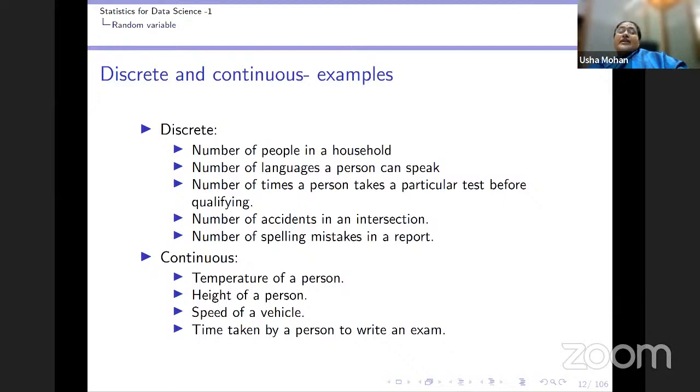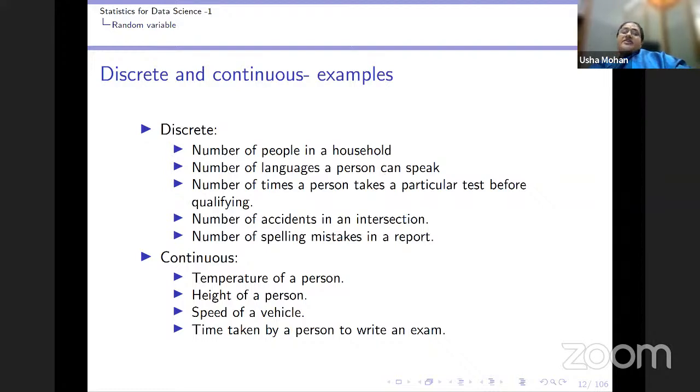Whereas the number of times a person takes a particular test before qualifying would be a discrete random variable. Similarly, number of spelling mistakes is discrete, whereas when I'm measuring the temperature of a person, the height of a person, or the speed of a vehicle, these are all measured and could be modeled as continuous random variables.